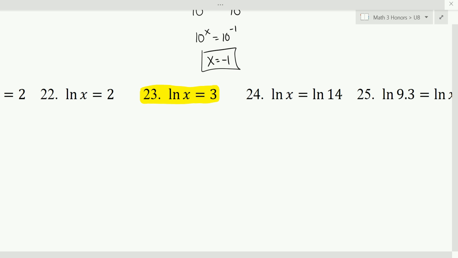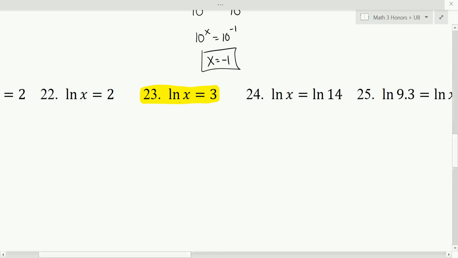Who's got the exponential form for 23? Not the answer, just the exponential form. Yeah, e to the third equals x. Perfect. And that's the answer.